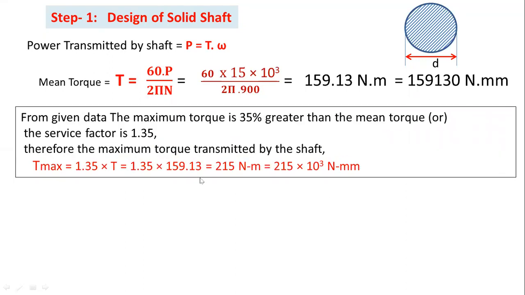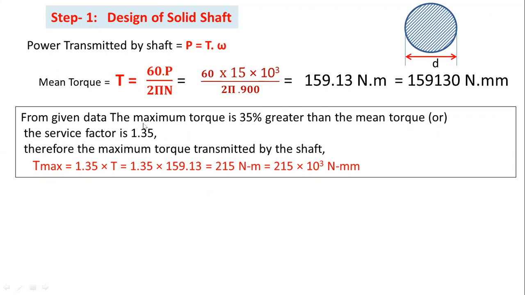After that, in our question, the maximum torque is given. The maximum torque is 35% greater than the mean torque. So you have to consider a 1.35 service factor. That means 100% mean torque plus extra 35% mean torque, 100 plus 35, 135%. 135% divided by 100 equal to 1.35.